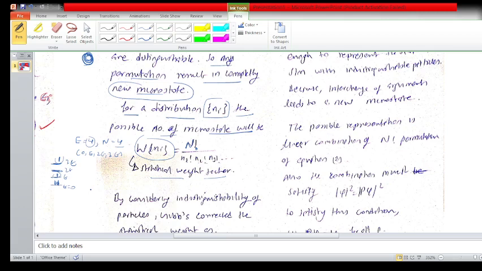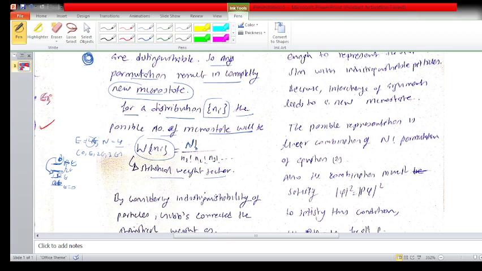Now let's label the particles A, B, C and D for better understanding. If you interchange D and C, you will get the same energy, 4E, but you are changing the particle.